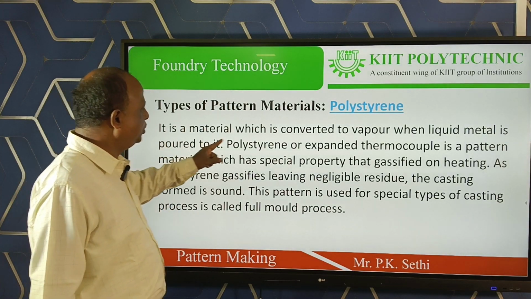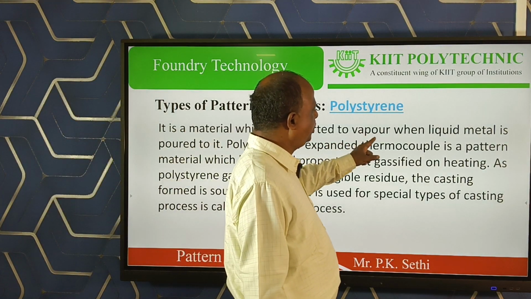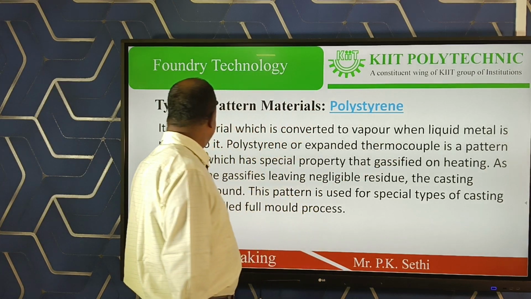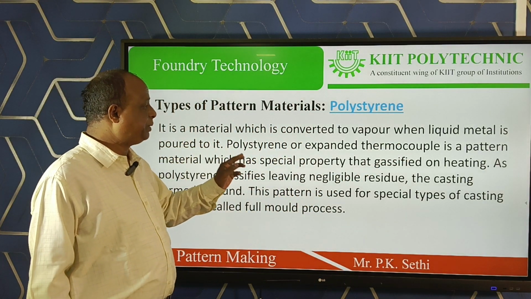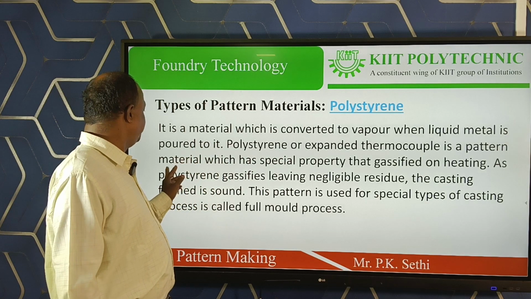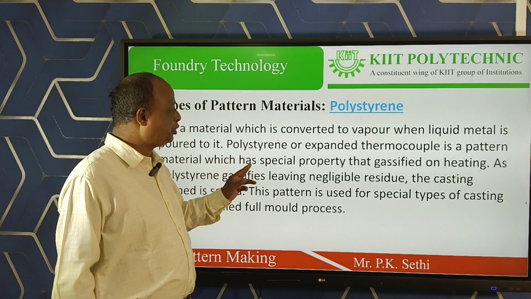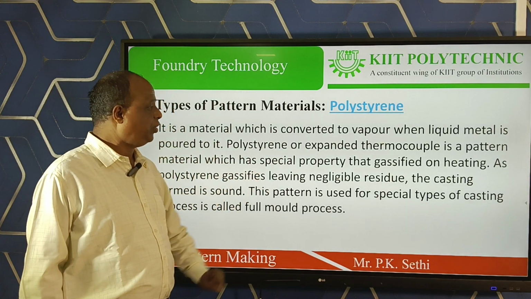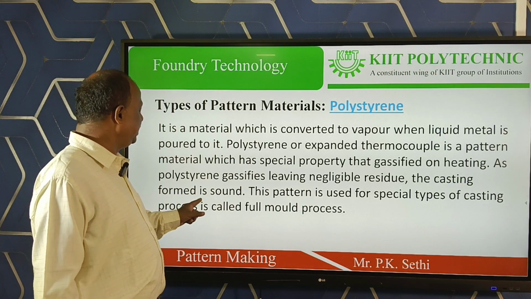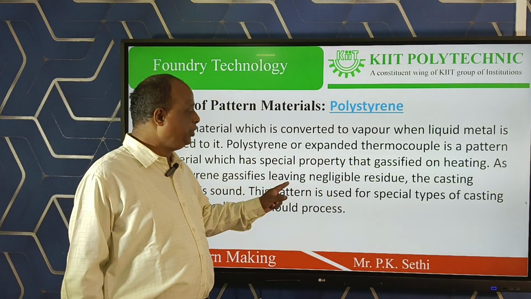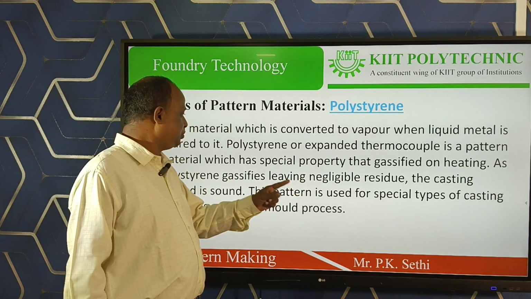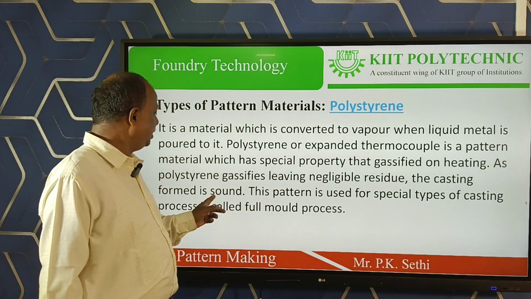It is a material which is converted into vapor when liquid metal is poured onto it. Expanded polystyrene is a pattern material which has the special property that it gasifies on heating. As polystyrene gasifies, leaving no residue, the casting formed is sound.